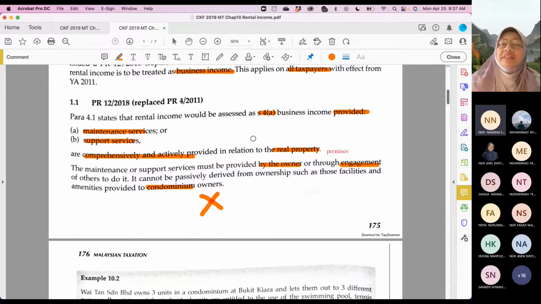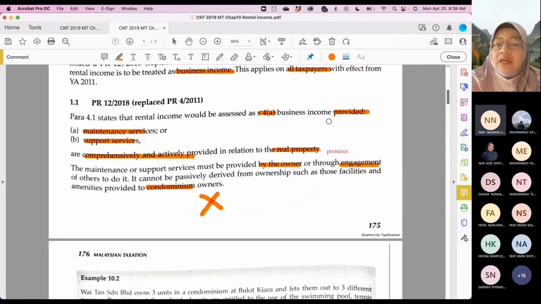If you have incurred capital expenditure, for example, air conditioning, office furniture, or kitchen appliances, you can claim capital allowance. So under section 4A, gross income from rental minus all the expenditure gives your adjusted income. Adjusted income minus capital allowance gives your statutory income from your rental.